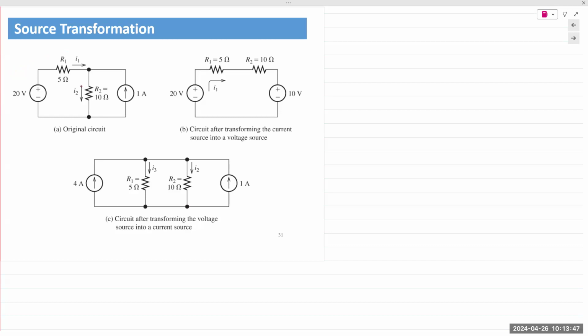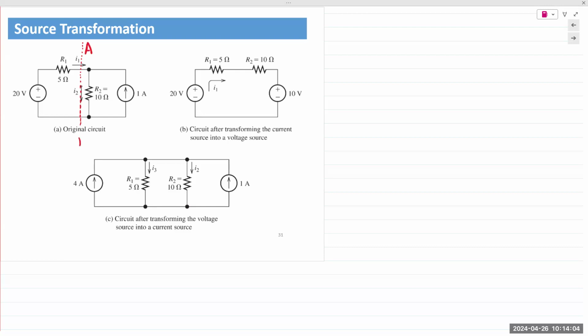So if you wish to transform this, we have to break the voltage source and or the current source along with that resistor and separate it out from the circuit, transform it, and then plug it back into the same place.